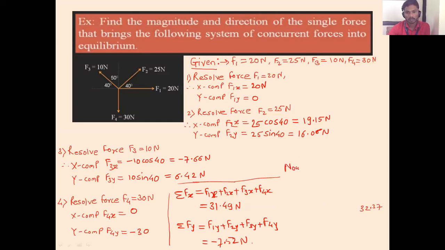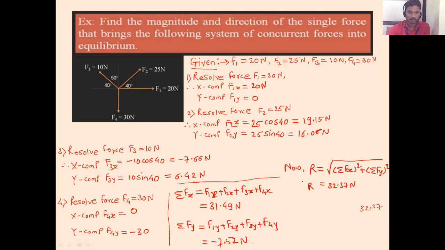Now, R is equal to the root of summation of Fx square plus summation of Fy square. How much is it? 32.37 Newton.